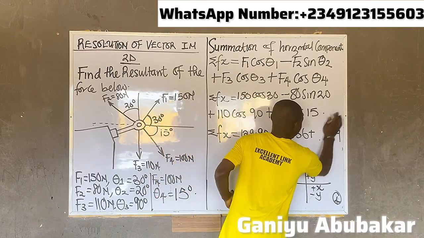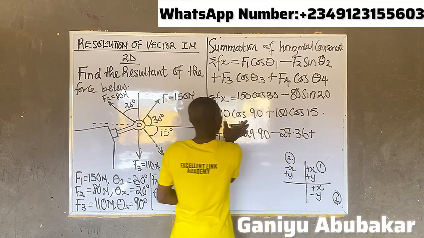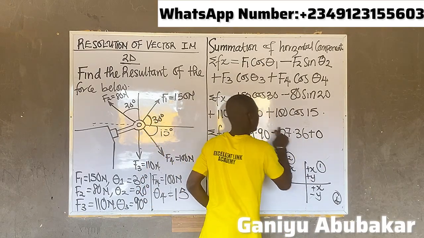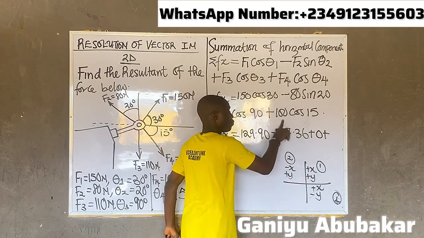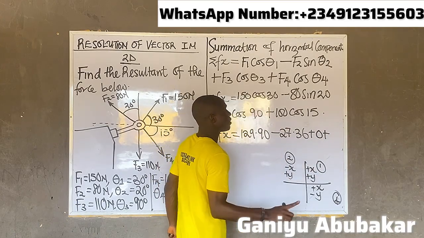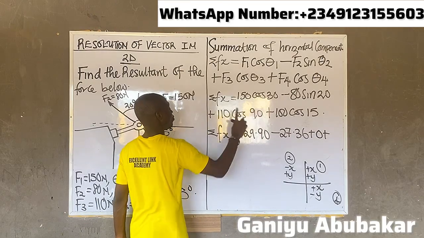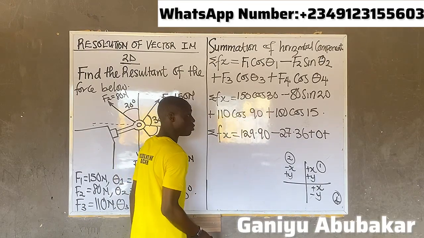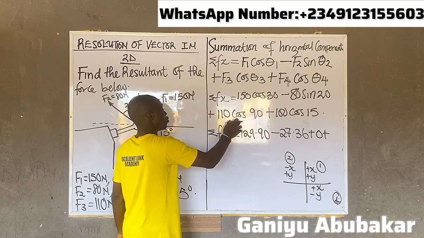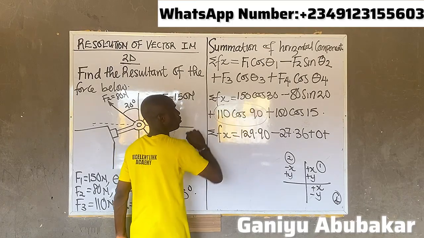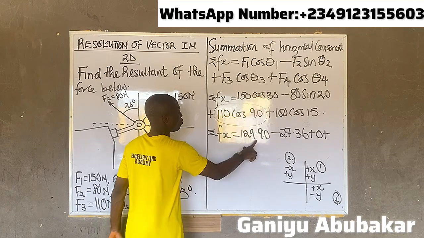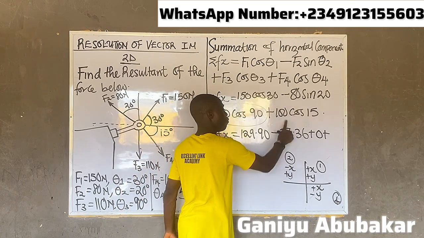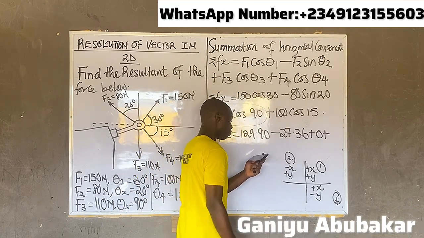So this one here gives 0. I expect that you should know that this one is 0, but here's the idea: cos 90 gives 0, and 0 times this value is 0. So this part here is off. Focus on 1, 2, and 3. This one gives you this, and this gives you this.